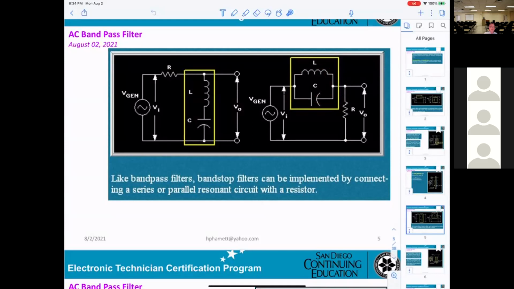They don't care about anything else, but they care what the name of that circuit is. Then this is a band stop filter. Either you connect LC in series or RLC in parallel.